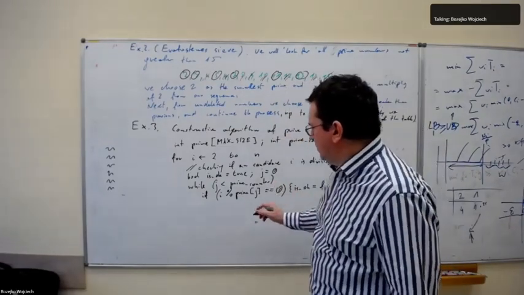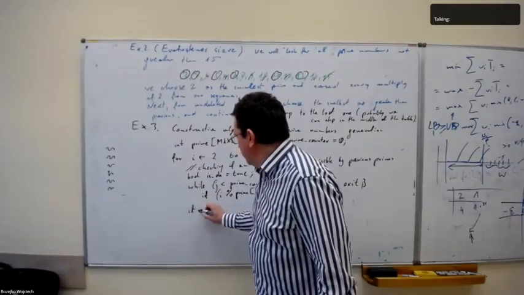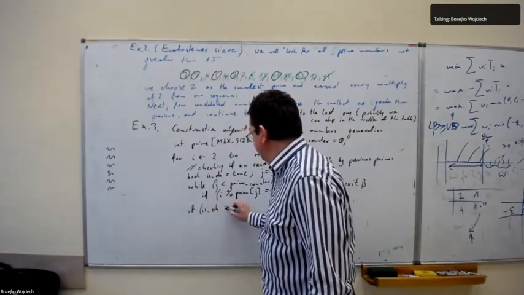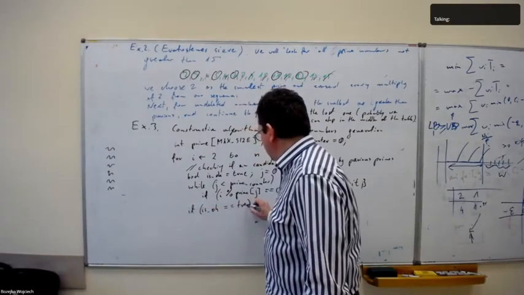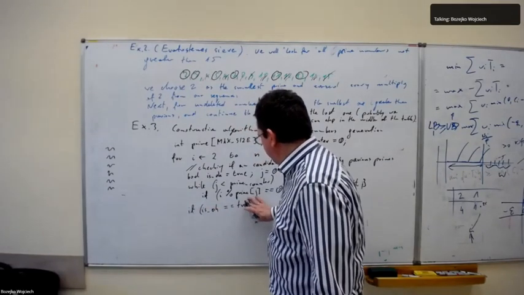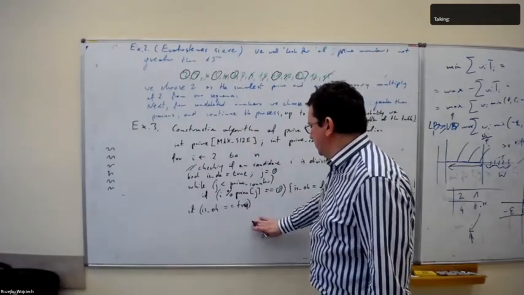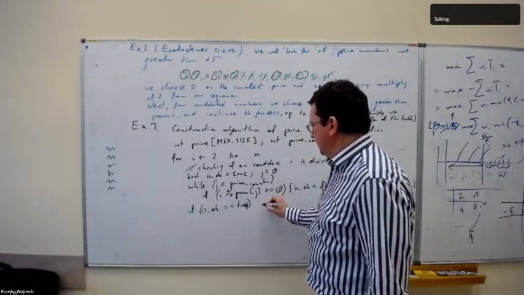And next we check if isOk is true. So true, we can add this candidate to our set.